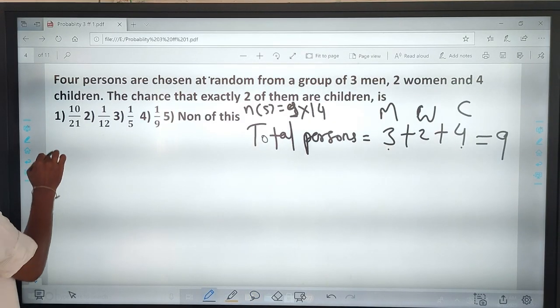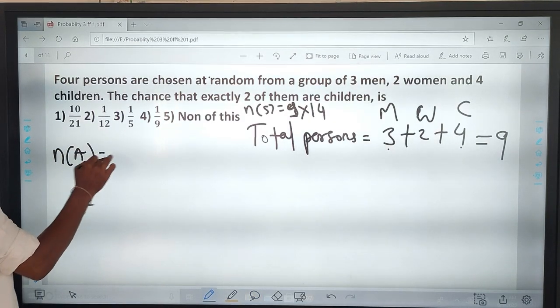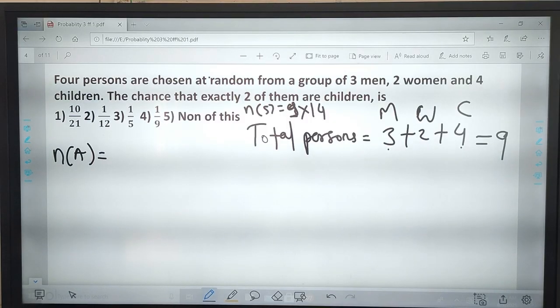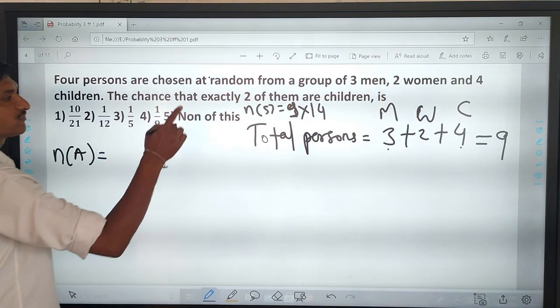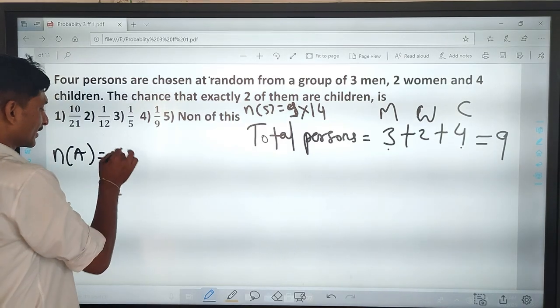Here n of A is equal to the chance that exactly 2 of them are children.